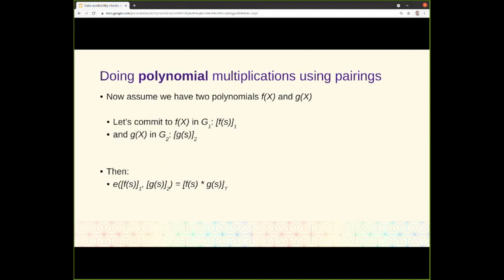And because we had these polynomial commitments, we defined them basically committing to f of x is f of s. And if we commit to another polynomial in the same way in G2, then we can compute the product of the 2 polynomials in the target group.